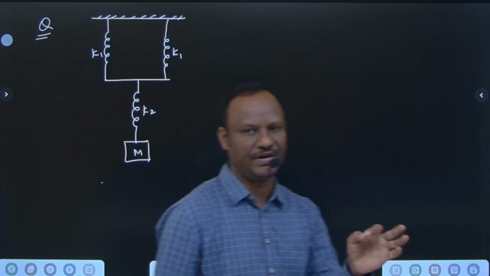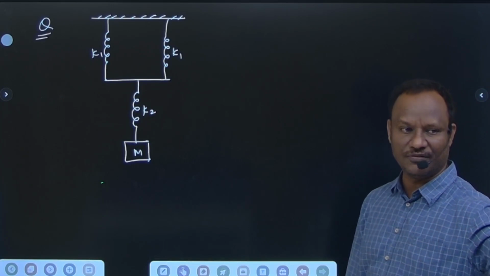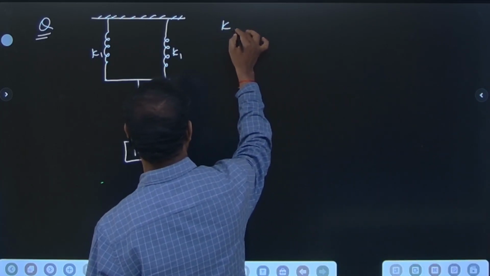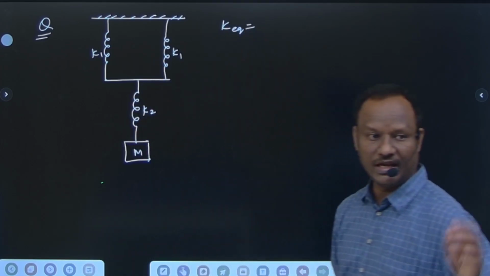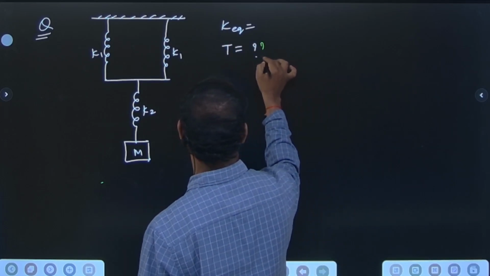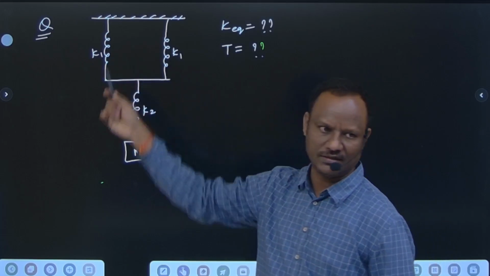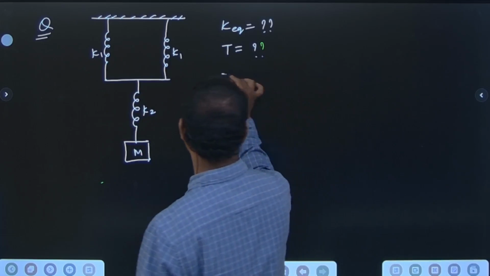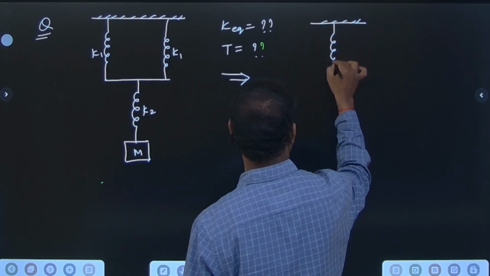What is the effective spring constant? What is the effective time period? What is the effective frequency? K equivalent is equal to what, or time period T is equal to what? How are these two connected? Parallel. So this would be what?